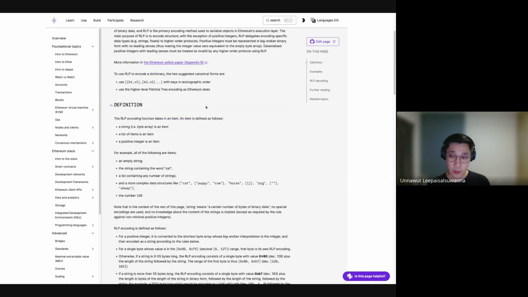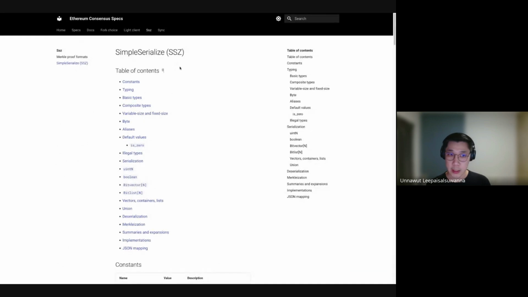But for the consensus layer, the Ethereum developers came up with another serialization method, which is simpler and more tailored towards consensus use. And that is called simple serialize.